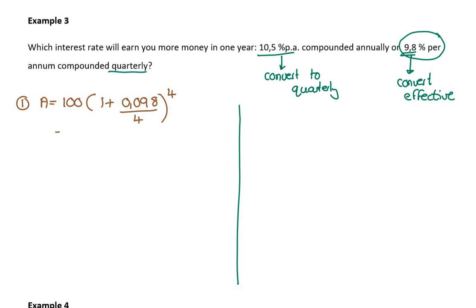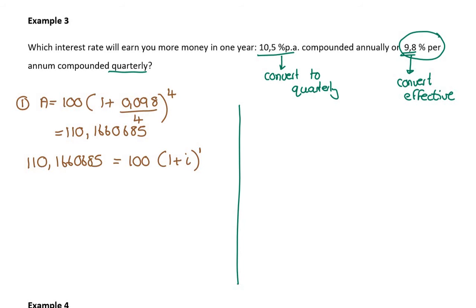So I get out 110.1660685. So then I say to myself, right, how do I get out 110.1660685 if I put in 100 rand, but I only got interest once in a year? So it's i divided by 1, basically, for 1 year.